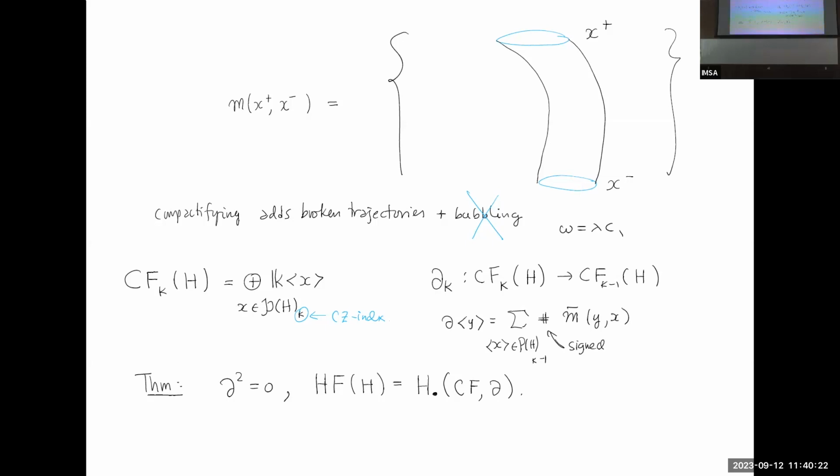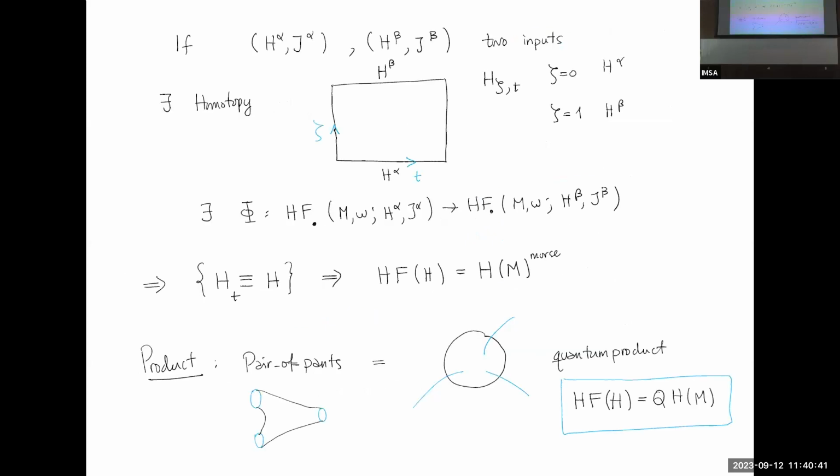But anyway, the theorem, which is of course a famous theorem of Floer, is that this defines a differential, and the homology of this complex gives you the Floer homology of the family of Hamiltonians that you had before. It so happens that, in the compact case, if you have two different families of data that you use to construct the Floer theory, it doesn't really matter.